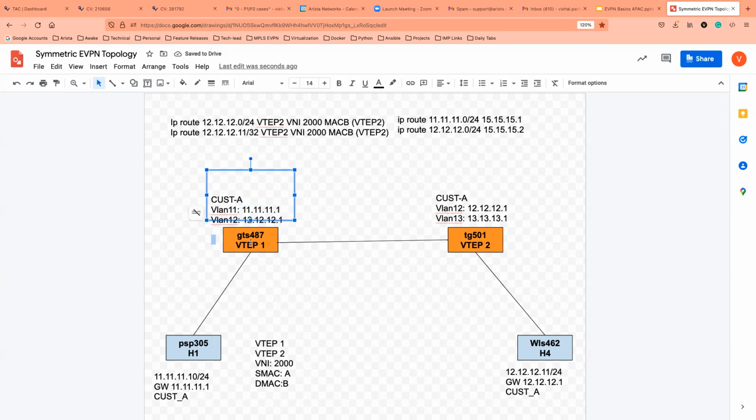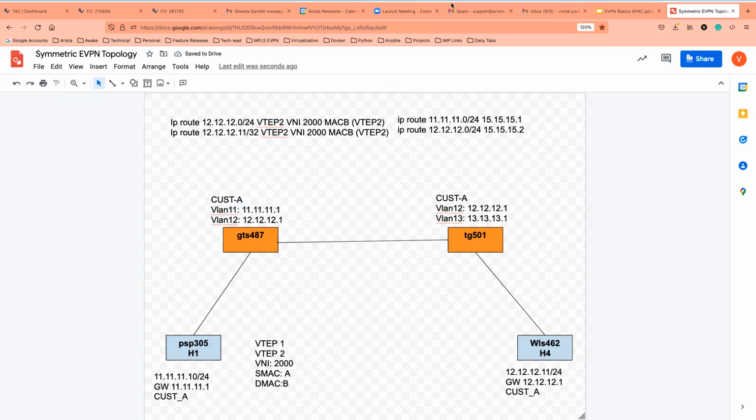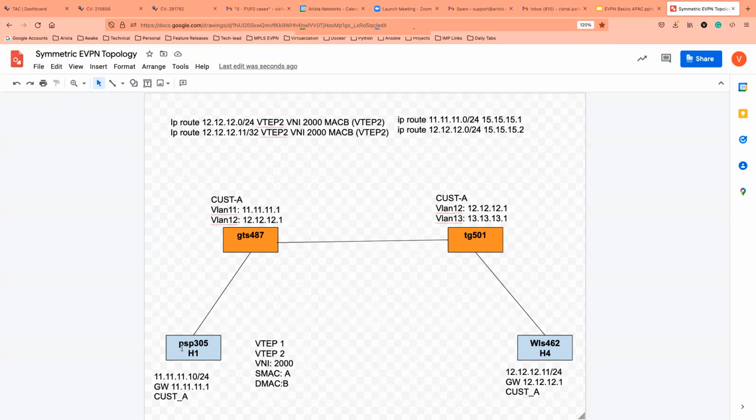Okay. Forget about VTAP. It's a normal route, a normal L3 switch. What will you do? H1 will send the packet to the gateway in VLAN 11, right?